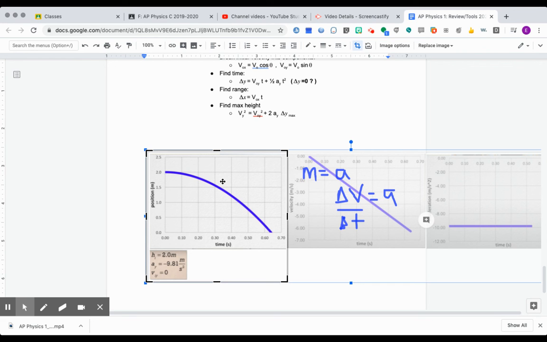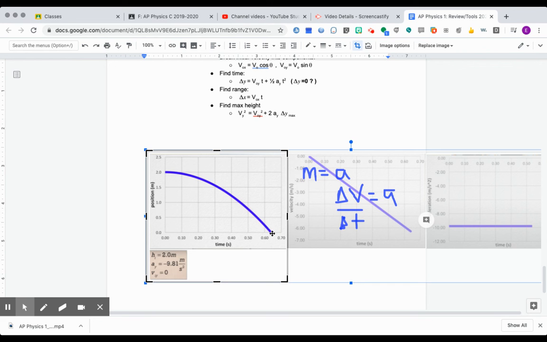We know that if acceleration is constant, position will increase or decrease at an increasing or decreasing rate. In this case, if we say that the position begins at 2, we'll see here that the slope of this segment is almost 0. The slope is going to increase over each second until our object hits the ground.